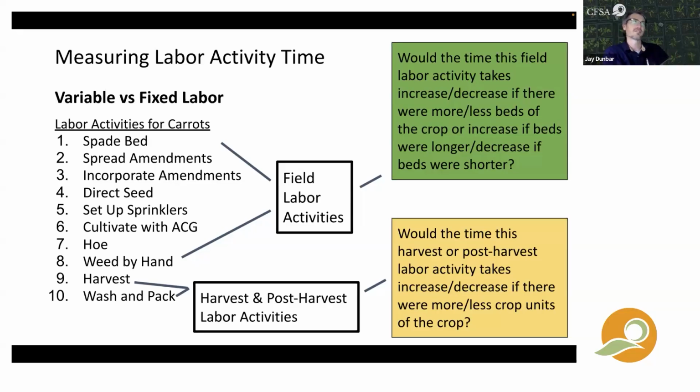But if we're looking specifically at those carrots, let's try to narrow our view and see exactly when we're actually working on those carrots. And that's coming through to the harvest question: would the time this harvest or post-harvest labor activity takes increase or decrease if there are more or fewer crop units?